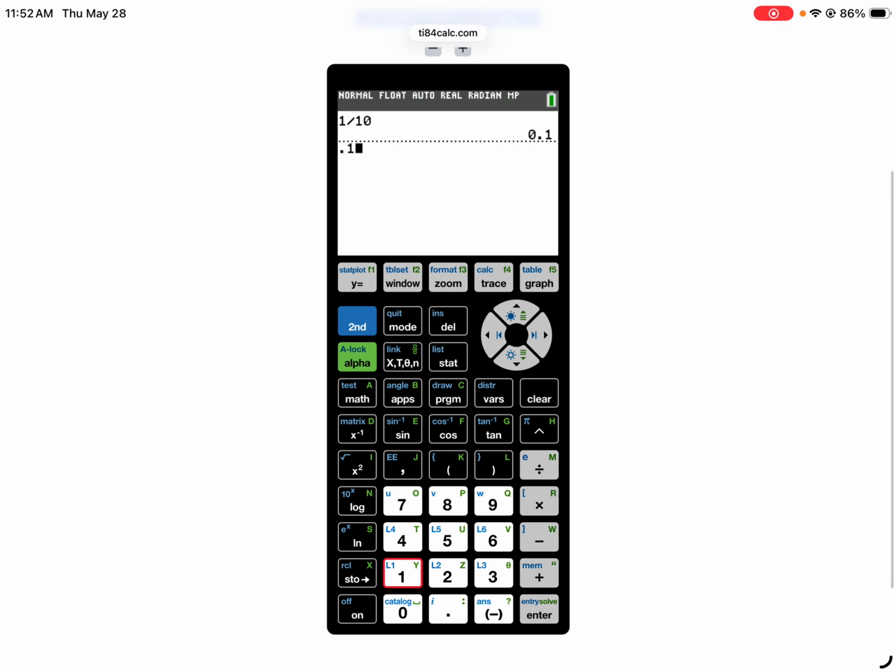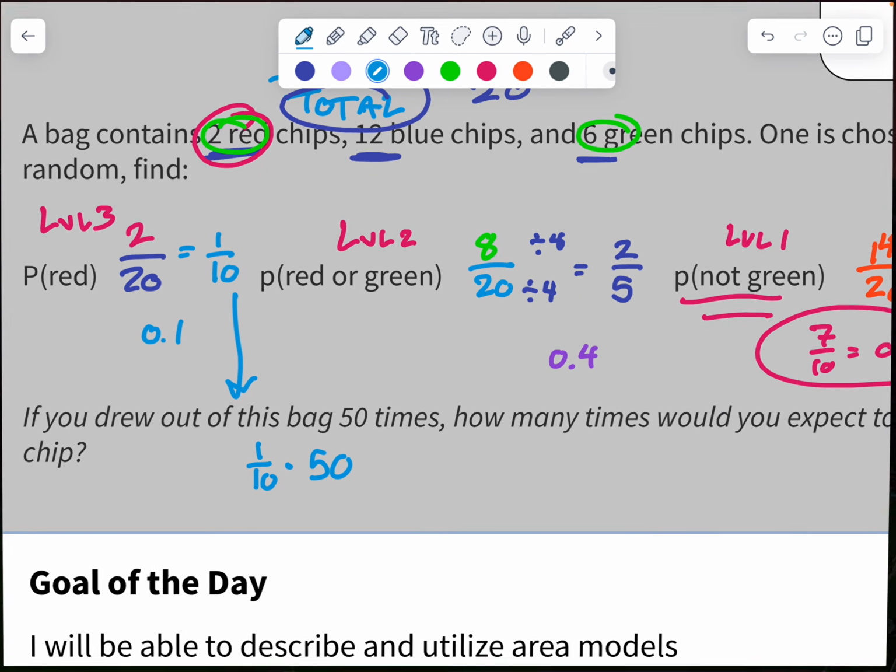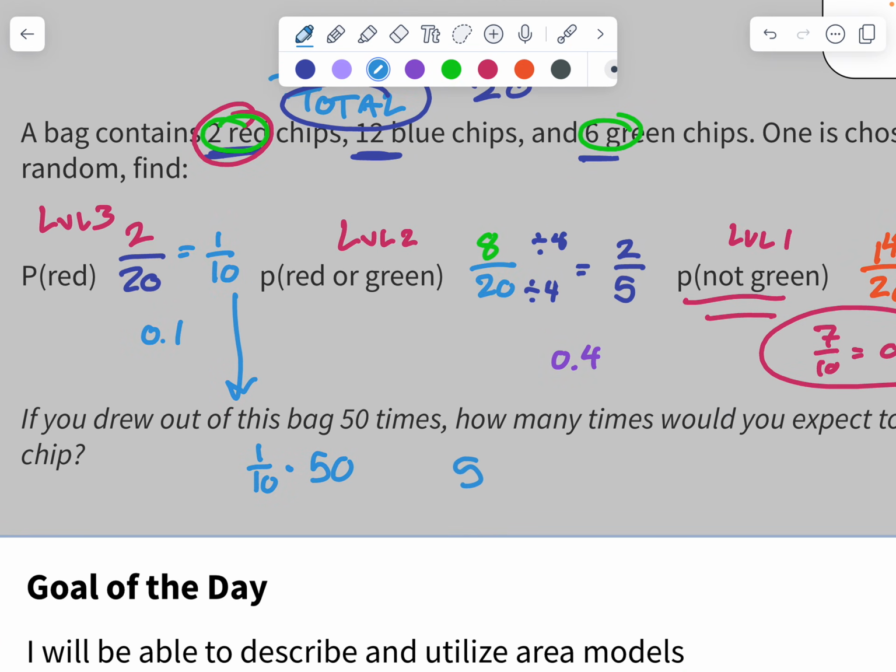You could take the decimal that we found in the last one and multiply it. You could also write your fraction out again, numerator divided by denominator, and then multiply that by 50. I'm using parentheses to keep 1/10 together. So figure out what is 1/10 and then multiply that by 50. Either way you slice it, we are expecting to win 5 times.